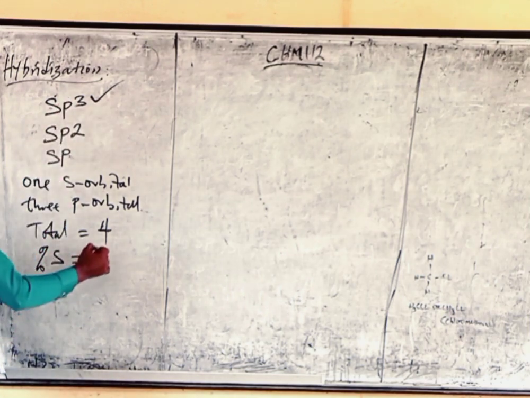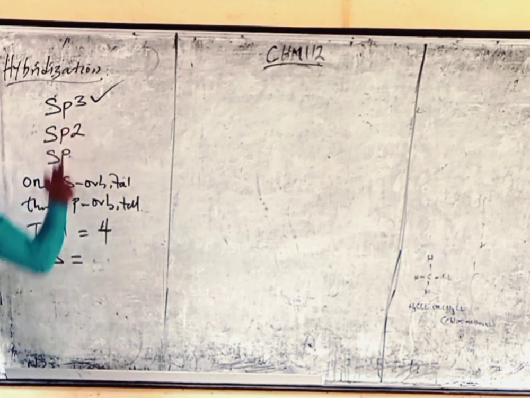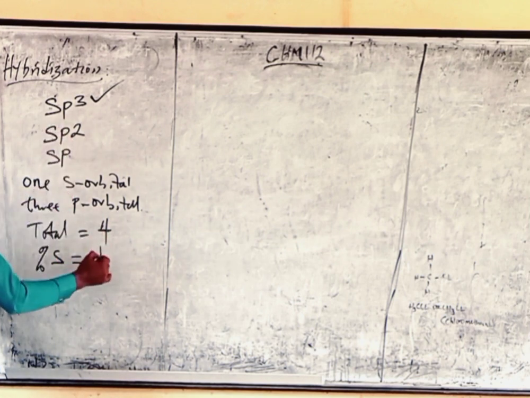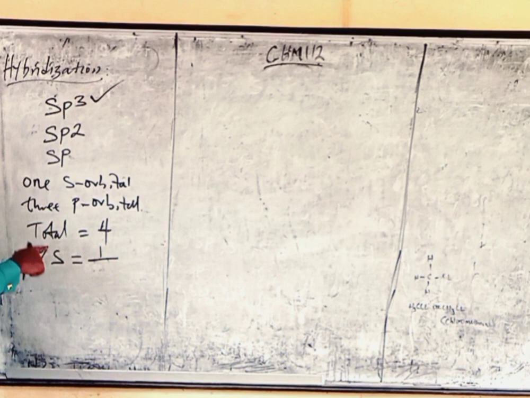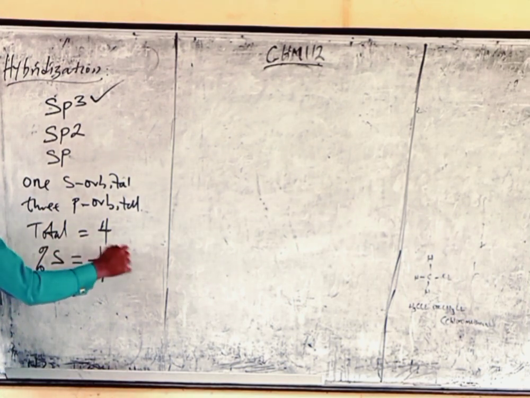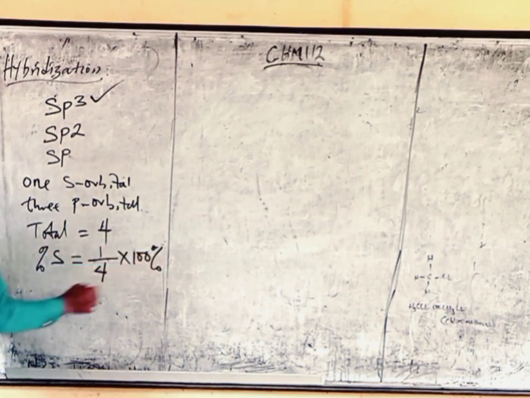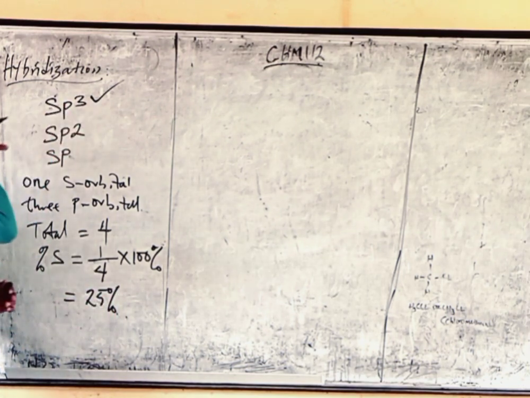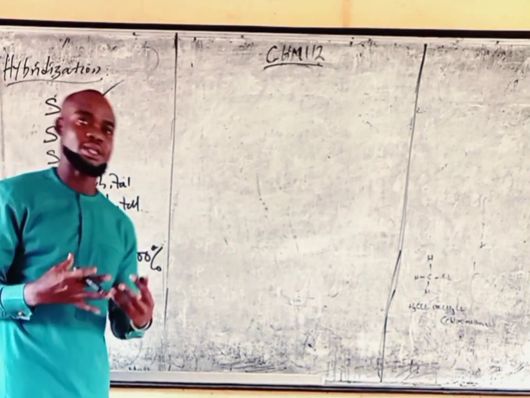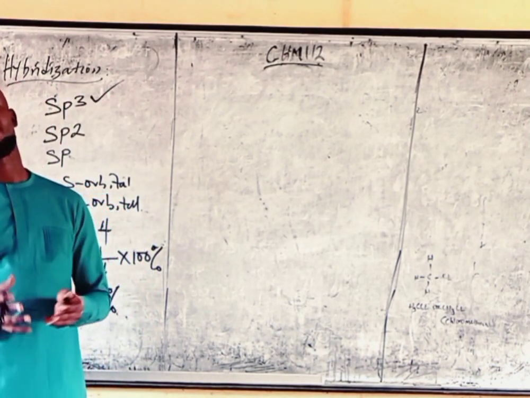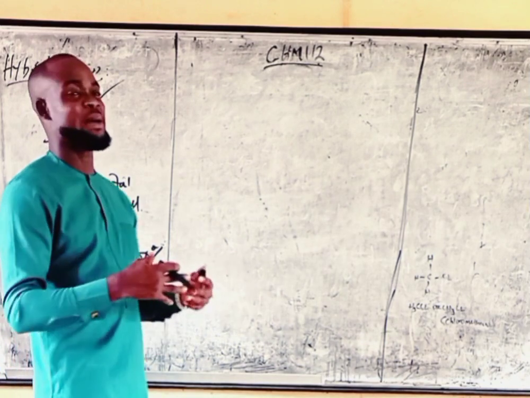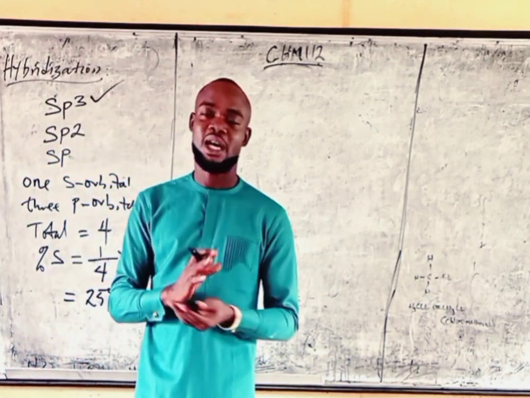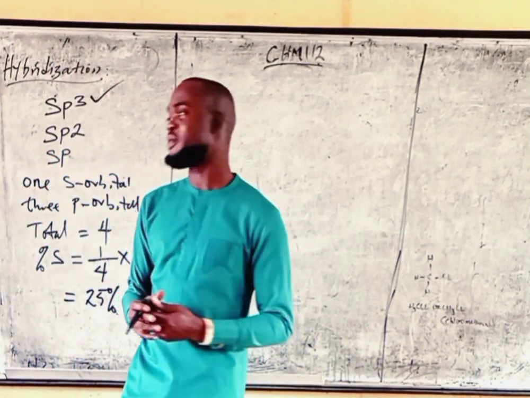The result will be the number of s, which is just 1, divided by the total number, 4, times 100%. This gives us 25%. So the sp³ hybridization contains 25% s character. Please take note of that.